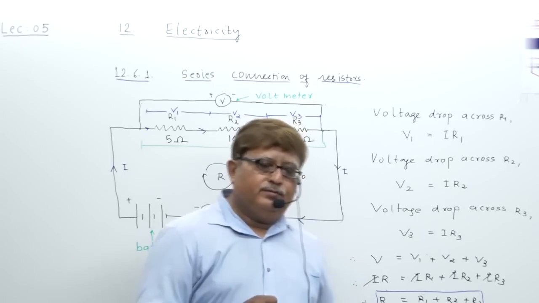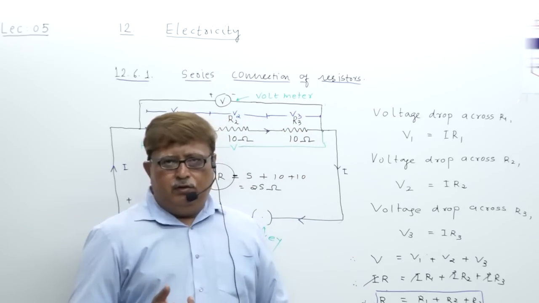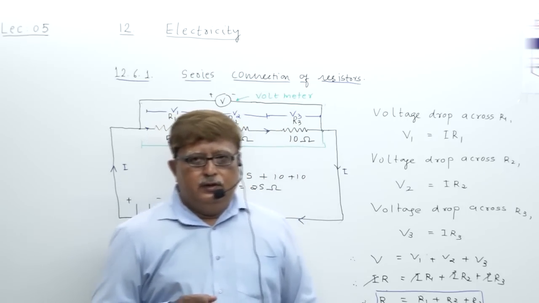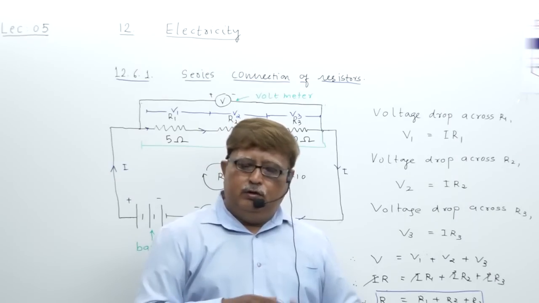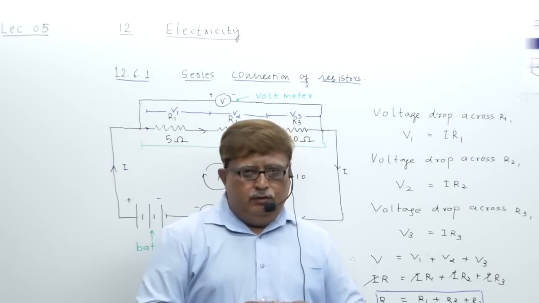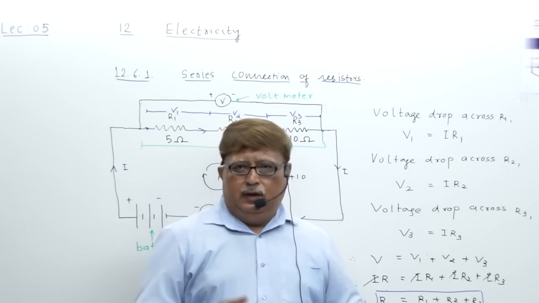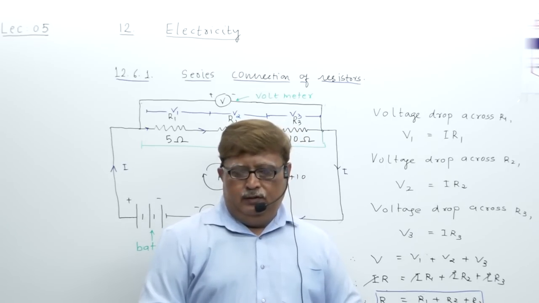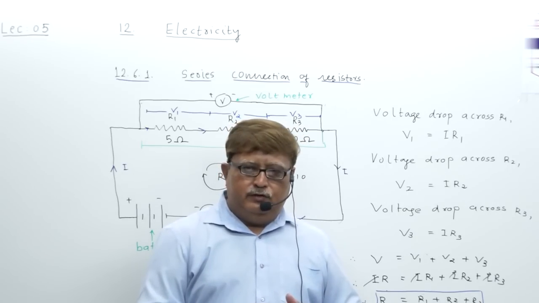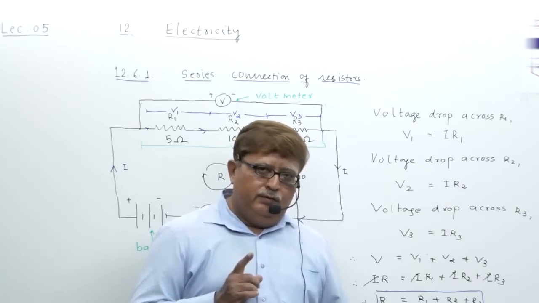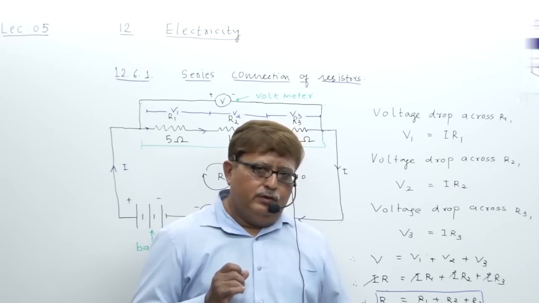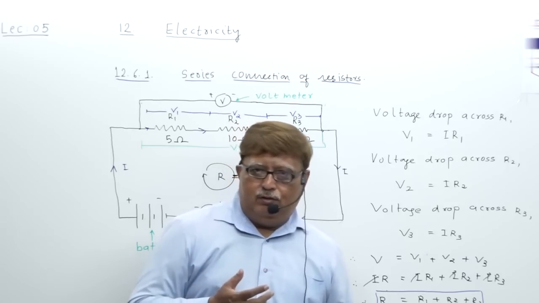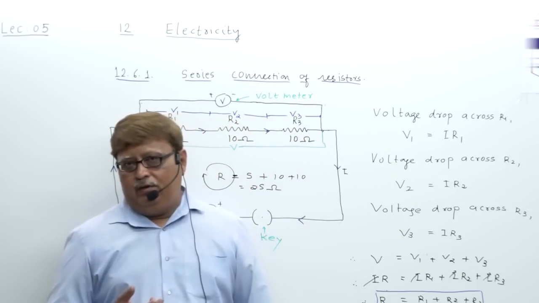Not only that, this is one, no doubt, loss in the electricity bill, but there is one more factor. If all devices in your home are connected in series, and one device blows off, then all the next devices are not going to work. Is it happening in your home?